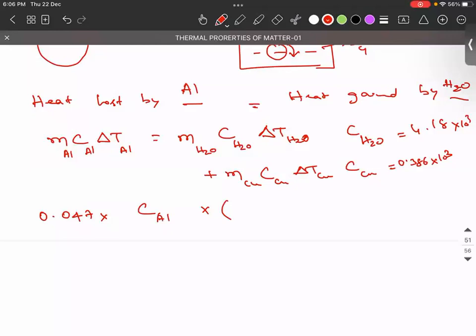It was initially at 100 degrees Celsius. It has fallen down to 23. So 100 minus 23 is 77, is equal to the mass of water. How much is it? 1/4, right?